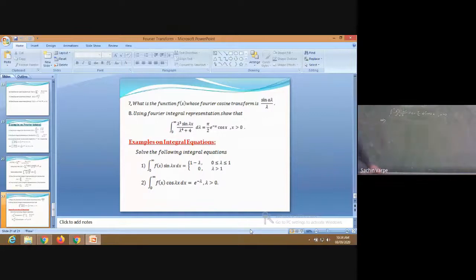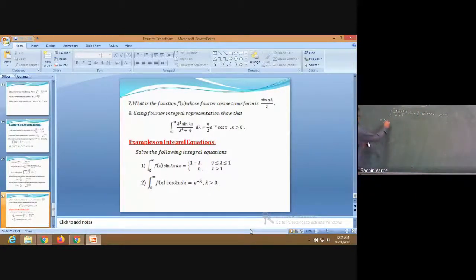Since we have asked to show this expression, we have to show that the right hand side is equal to the left hand side. So let us start with the right hand side and show that it is nothing but the left hand side, because on the right hand side we have given the function of x.